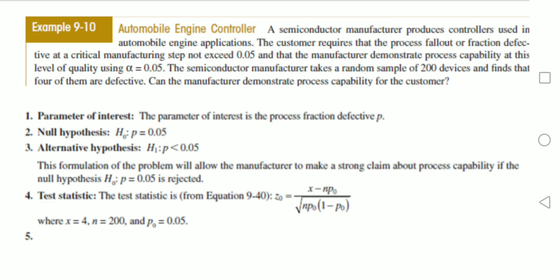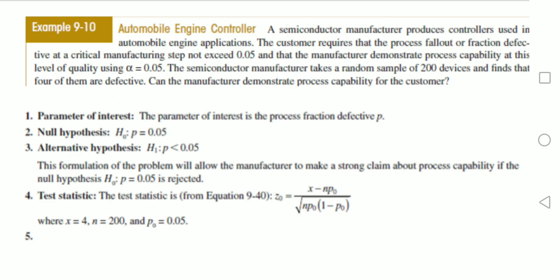So we have to consider that form, the proportion value P less than 0.05, under the alternative hypothesis. In the null hypothesis, we consider the equal to form or greater than or equal to form.